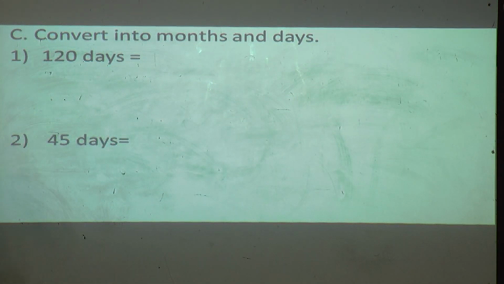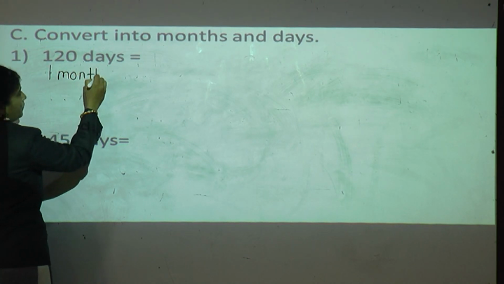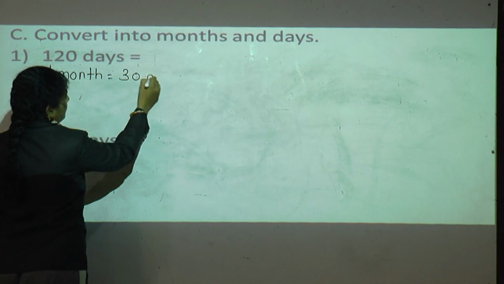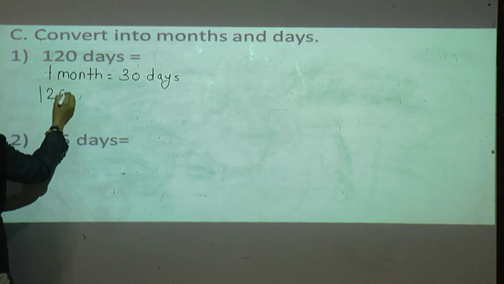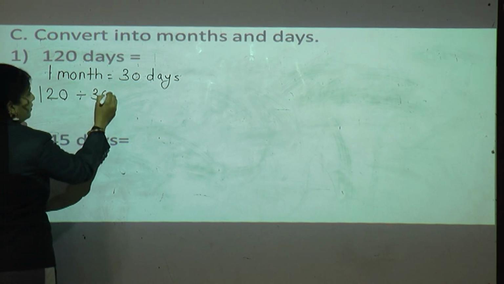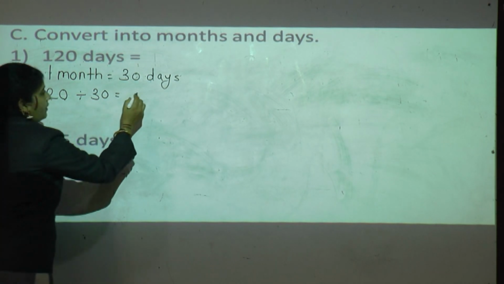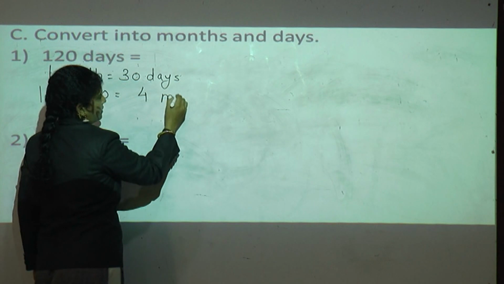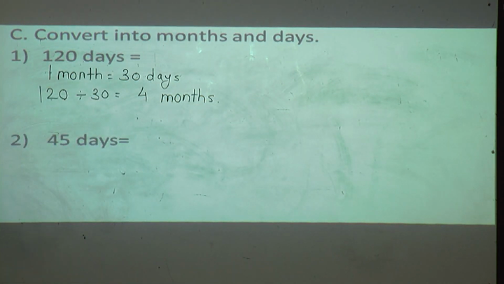So first of all write here, 1 month is equal to 30 days. So you can divide now 120 by 30. So divide it students and tell me the answer. Yeah, 4 months.